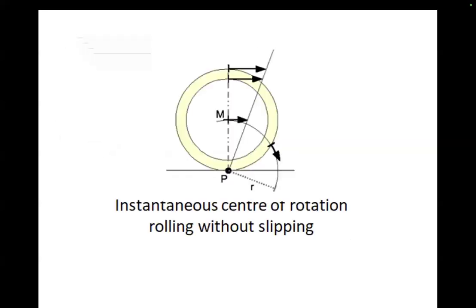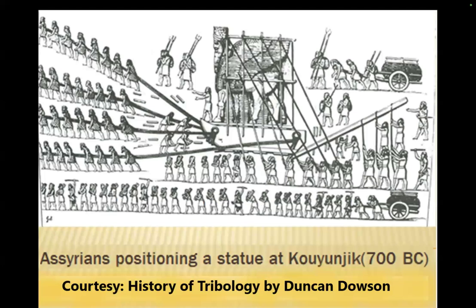So in this respect, I'll show you a small picture taken from the book History of Tribology by Professor Duncan Dowson. This shows the Assyrians positioning a statue at Kouyunjik, which is near Iraq in the present day, 700 BC. It is interesting, this picture, and that's why I have chosen it.